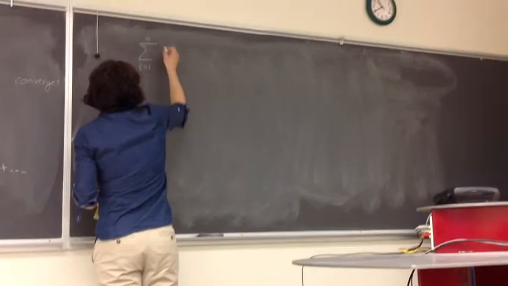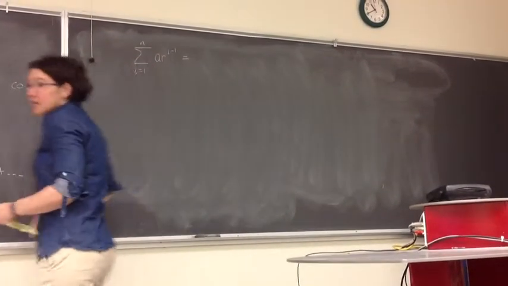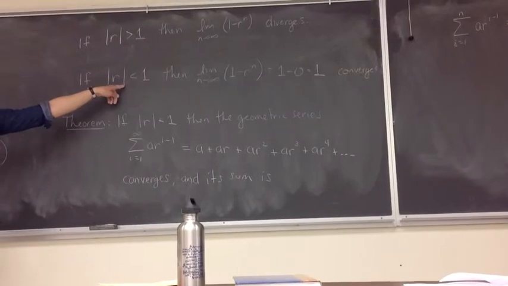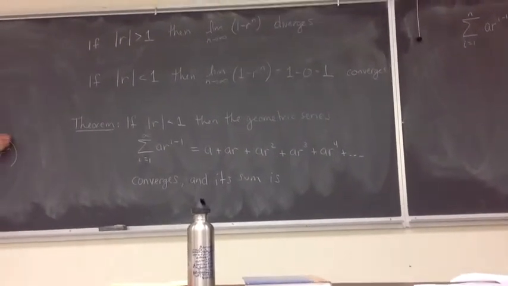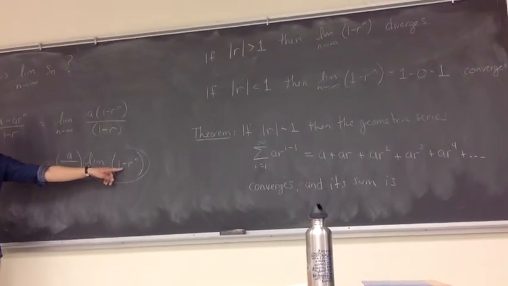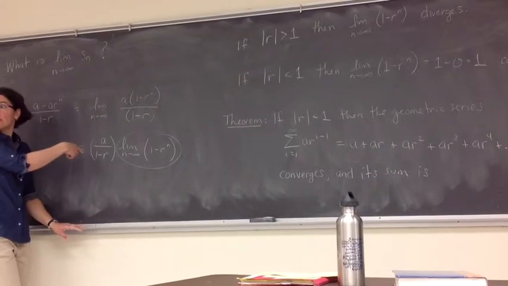the sum where i goes from 1 up to n of a r to the i minus 1 is exactly equal to, okay, so if the size of r is less than 1, then this term right here, the limit as n goes to infinity of 1 minus r to the n, is equal to 1. And so we're left with just a over 1 minus r.